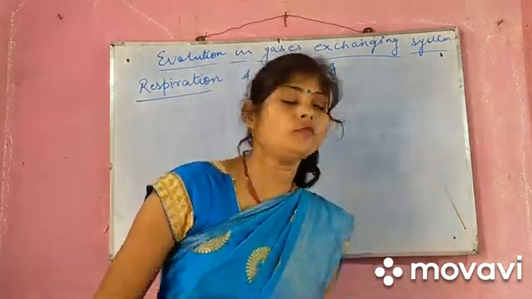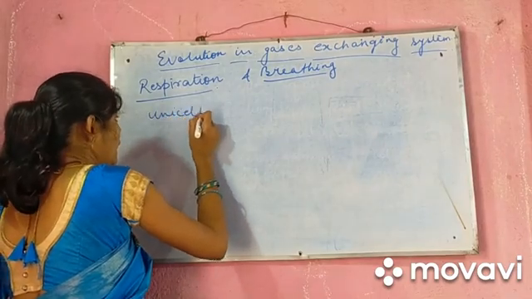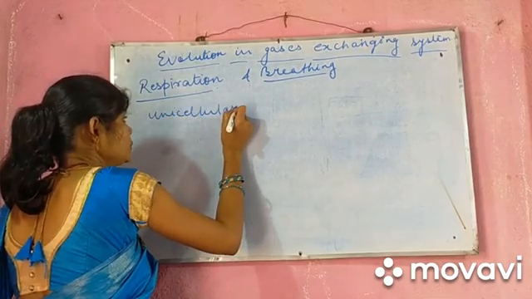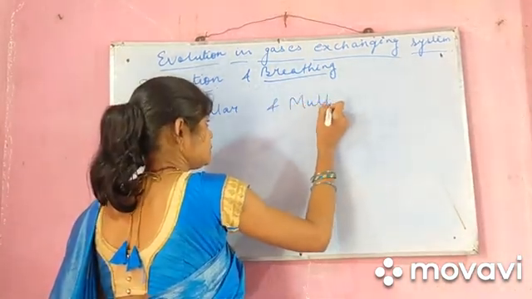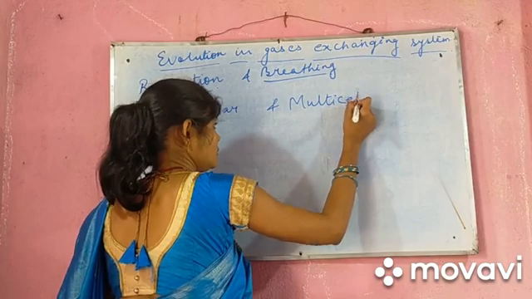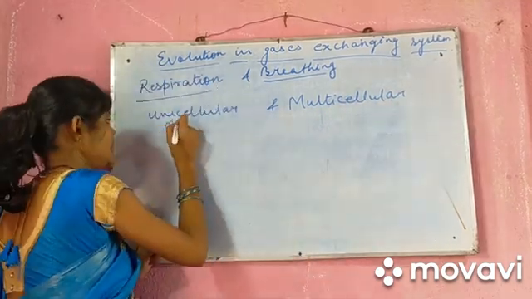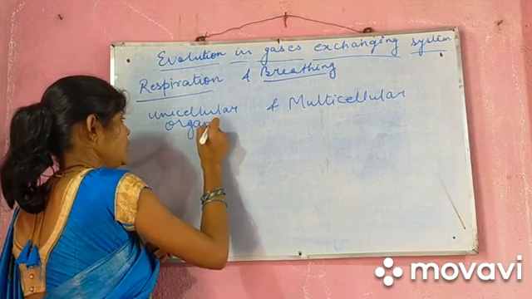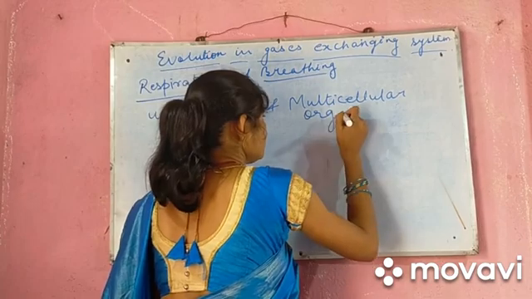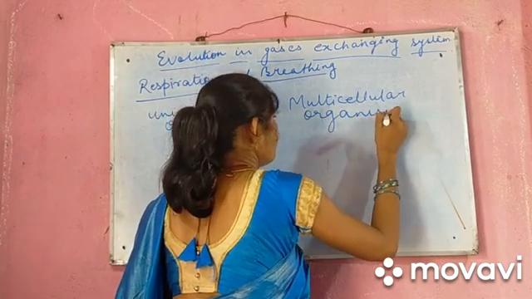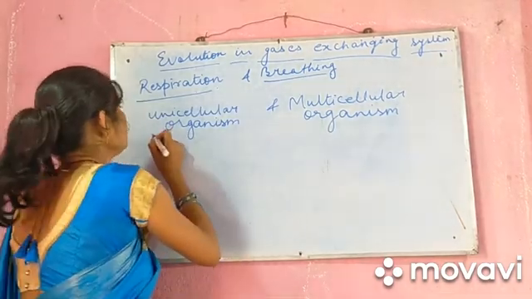If we take an example of a unicellular organism, I have taught you unicellular and multicellular in class. I have taught these things in very much detail. Once again, I will just recall it, but very briefly.